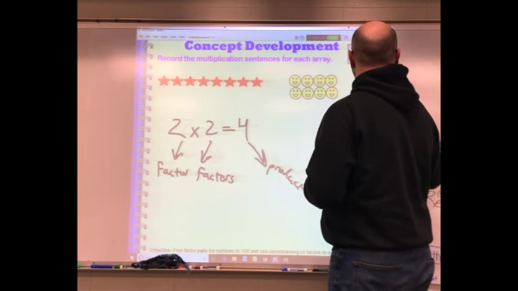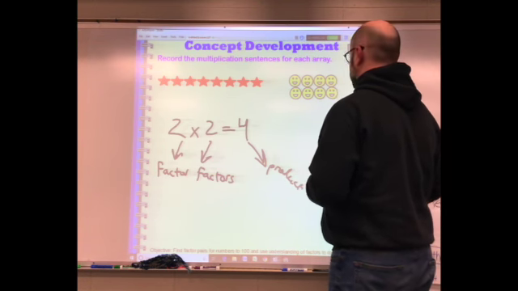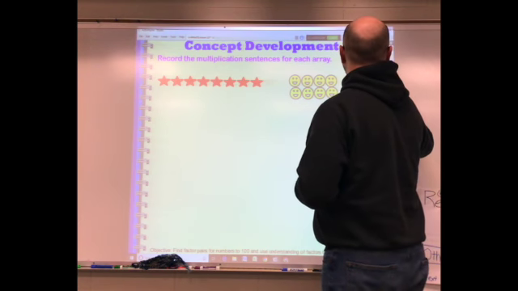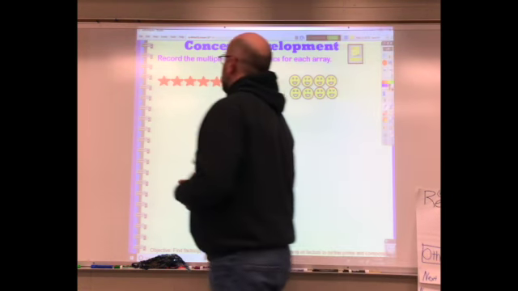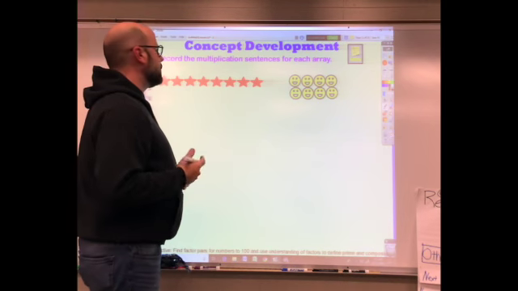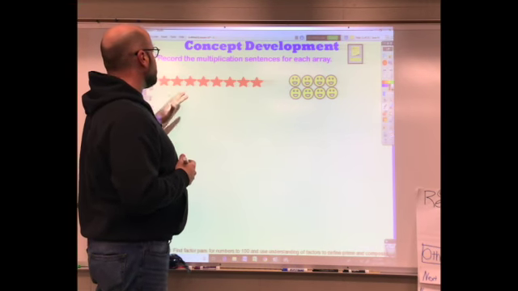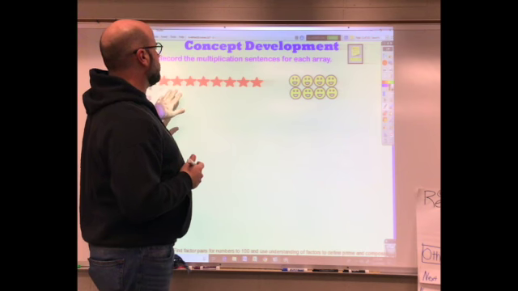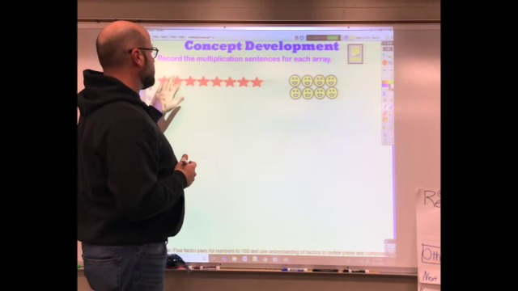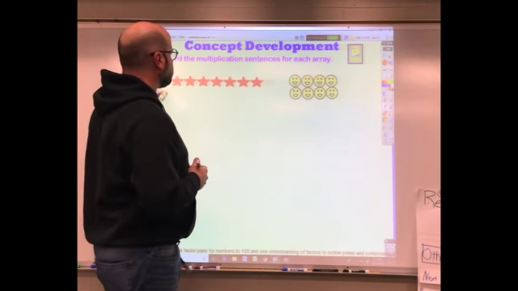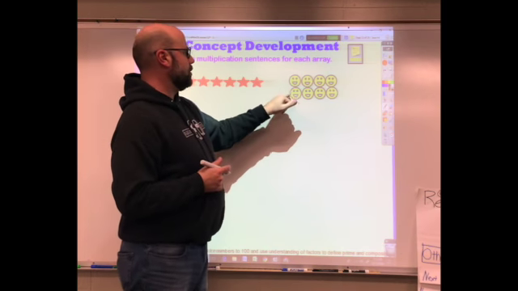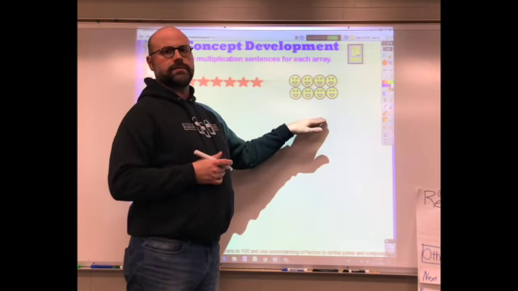And we're going to do it using this array model here. I'm not sure how close up you guys can see of this, but I've got two different arrays. I've got stars lined up in this straight row. And I've got 2 rows of 4 smiley faces.